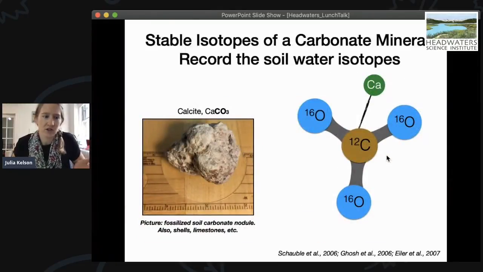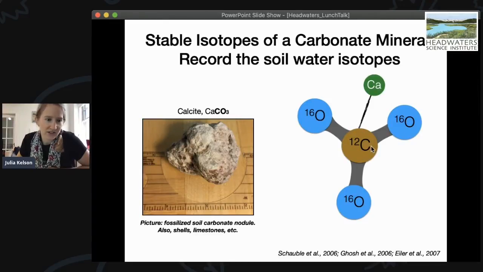And so the isotopes of that mineral, the isotopes of the calcium carbonate, will record the isotopes of the water from which they grew. They'll also record other information that I'm not going to go into a lot of detail about, but as you can see on this diagram of CaCO3, there's one carbon isotope and 3 oxygen isotopes.